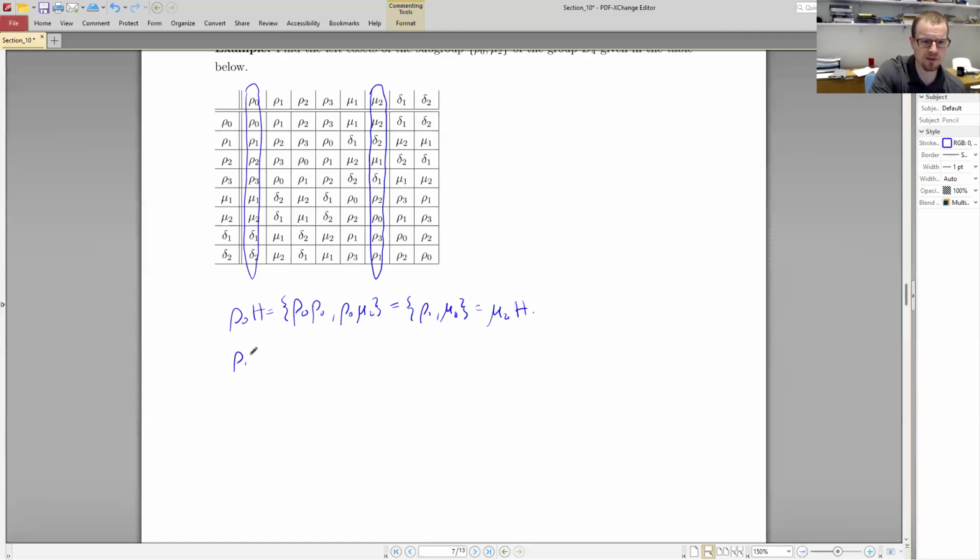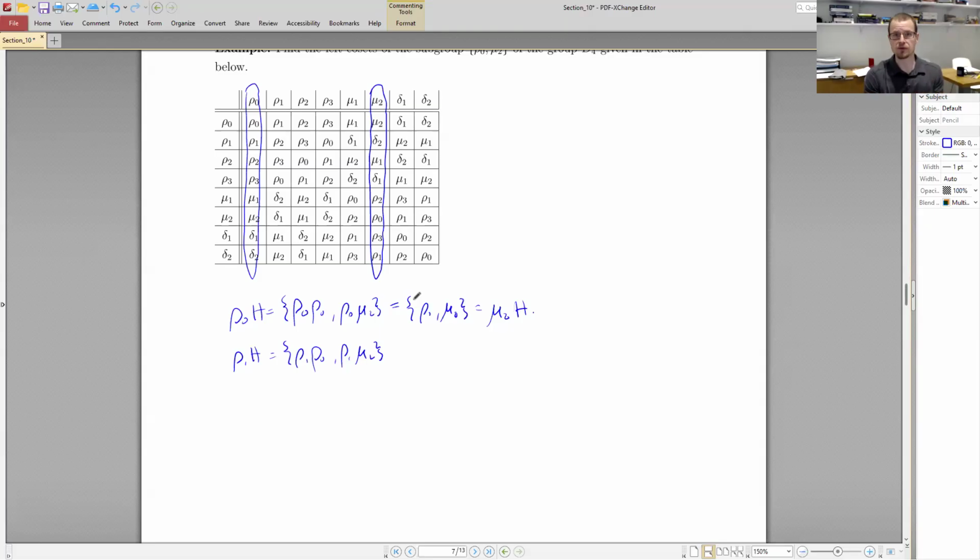Next is rho 1. So what does it look like to multiply by rho 1 on the left? Again, that's rho 1 times rho naught, and then rho 1 times mu2. Remember that rho and mu and delta here, while having specific interpretations within the context of isometries of a square, are actually permutations.